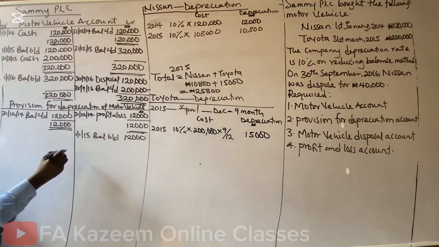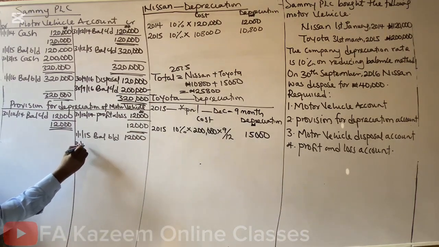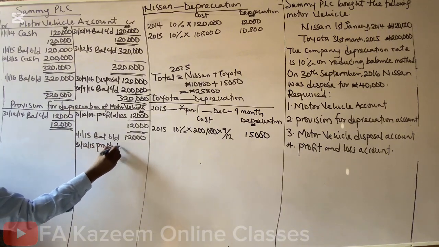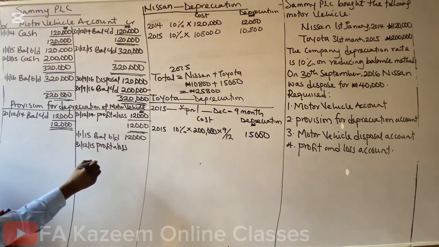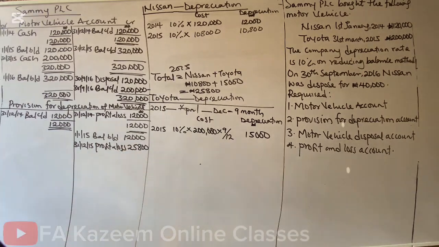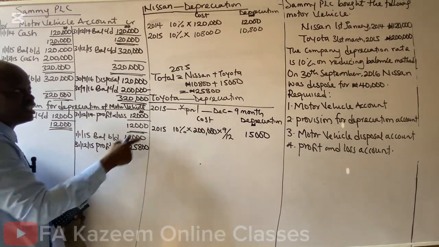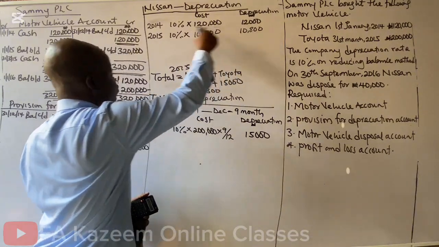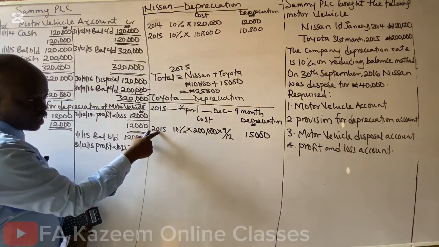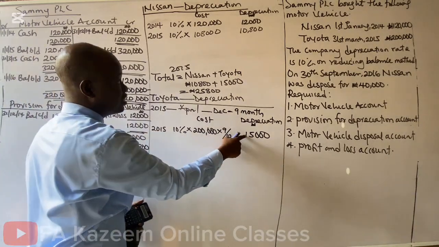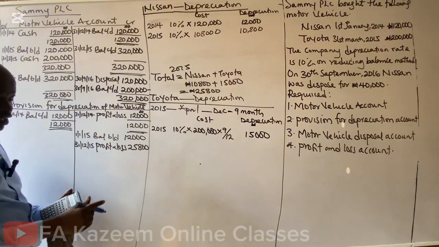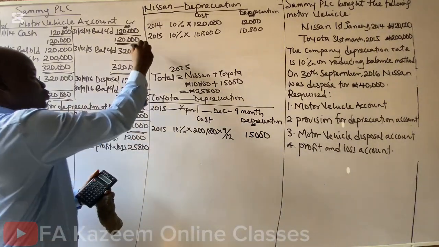We'll come here on 31st December 2015. The total amount set aside for the two vehicles is 25,800, which is what they set aside for Nissan, 10,800 in 2015, and for the new Toyota, 15,000. 15,000 plus 10,800 is 25,800. Now, let's go to 2016.